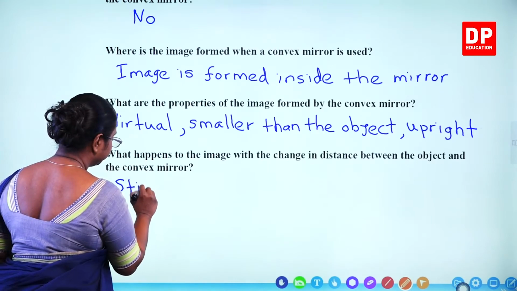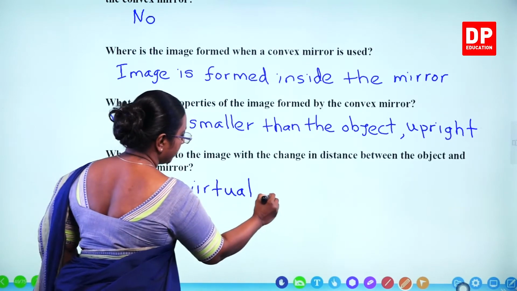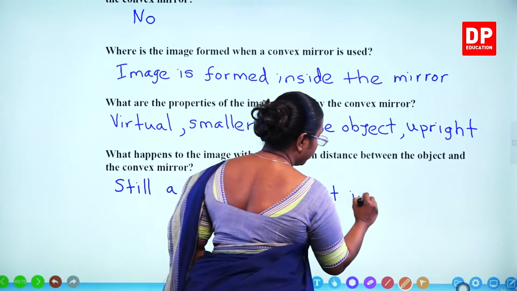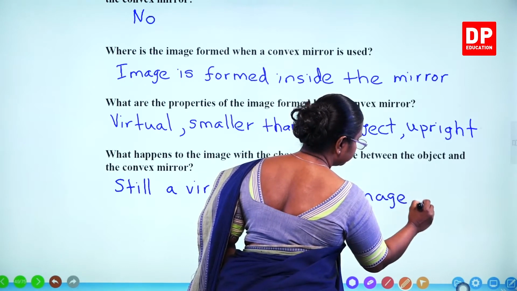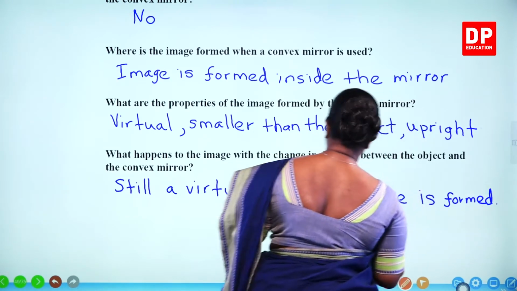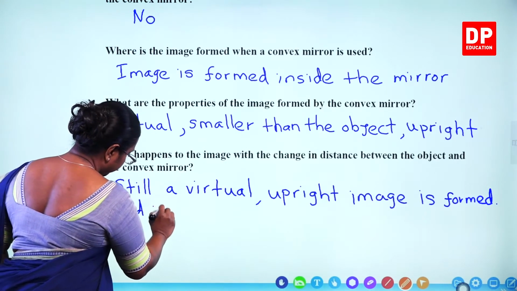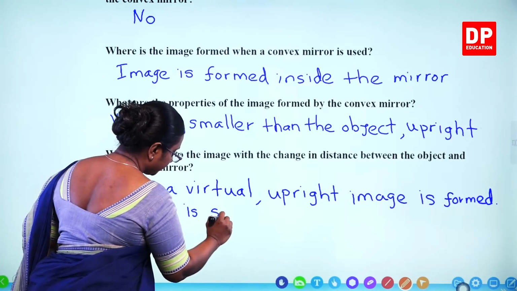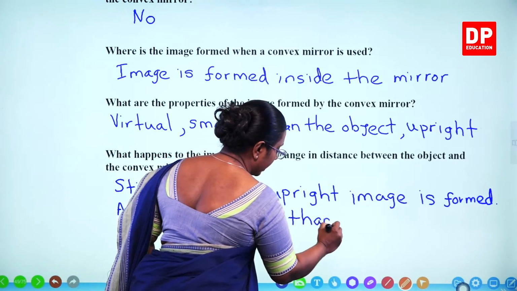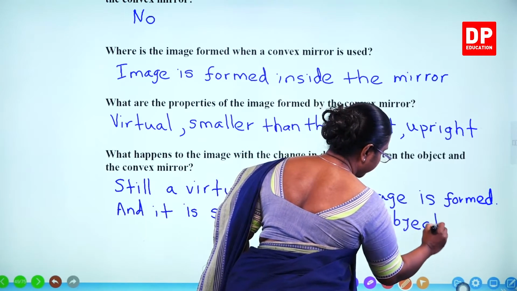We can say still a virtual upright image is formed and it is smaller than the object.